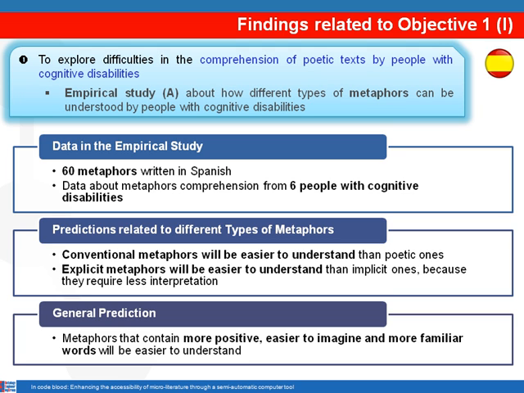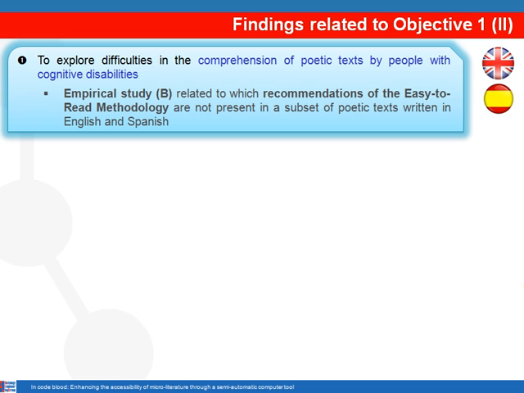Also related with the analysis of which are the main difficulties people with cognitive disabilities find in poetic texts, we performed a second empirical study. This study was focused on analyzing subsets of poetic texts, both in English and Spanish, in order to know which easy-to-read recommendations are not present with more frequency in such texts.